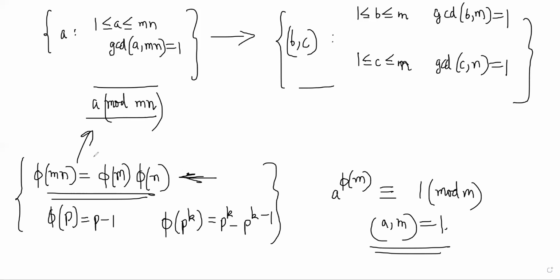Wait, so I have an idea. For example, we say m is some p to the power of i, then n is another q to the power of j, such that p and q are prime. Then we count the number of multiples of p and the number of multiples of q that are smaller than mn.